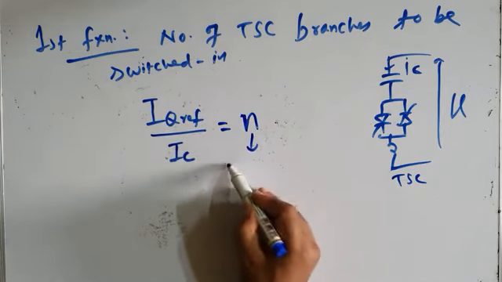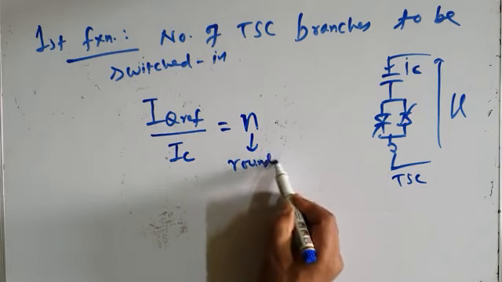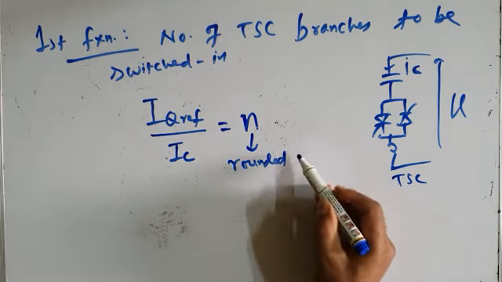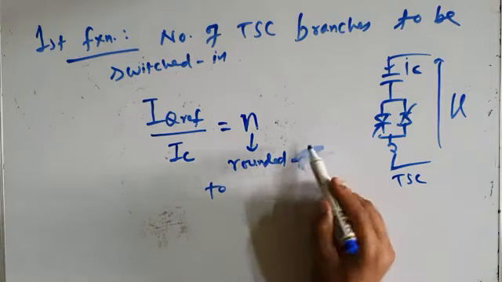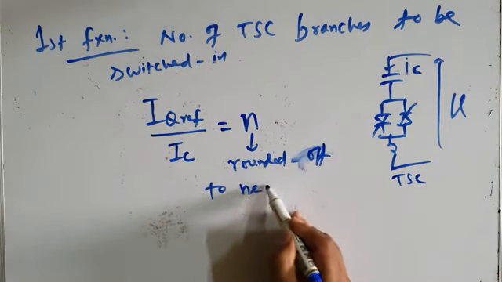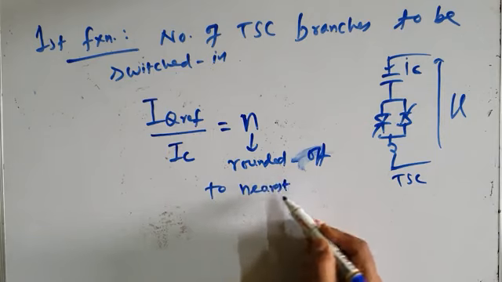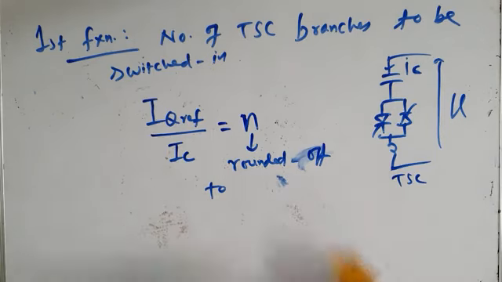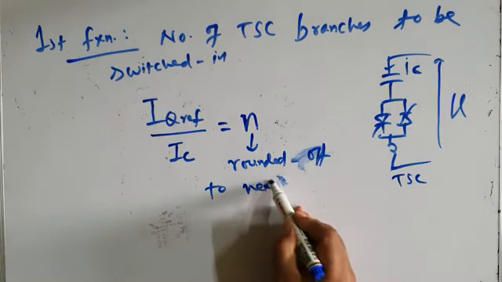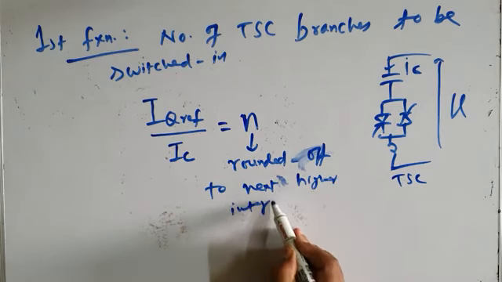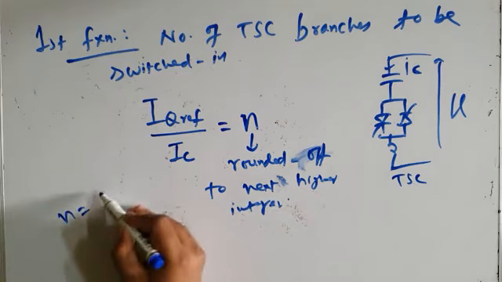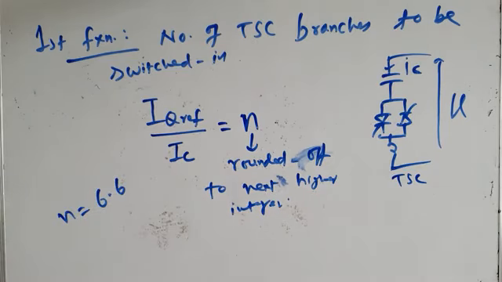And this n has to be rounded off to the next higher integer. Let us suppose this n comes out to be 6.6.